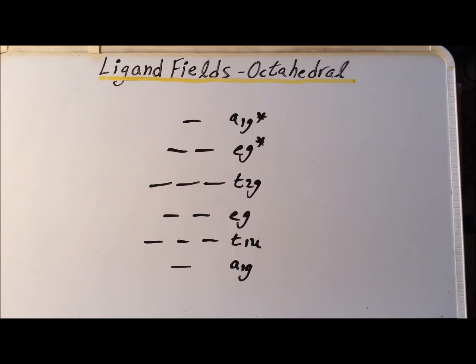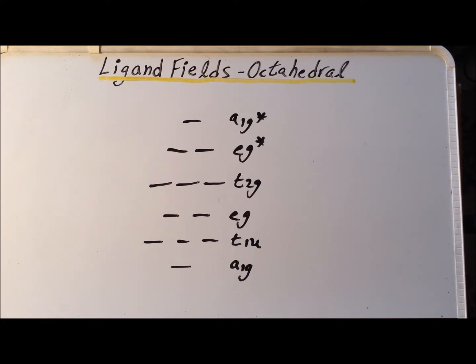We can divide the molecular orbitals for our octahedral transition metal complex into three categories. One category, which consists of A1g, T1u, and Eg symmetry orbitals, these six together here, are bonding. Not only bonding, but they have a large amount of ligand character. They more represent the ligands than the metal.